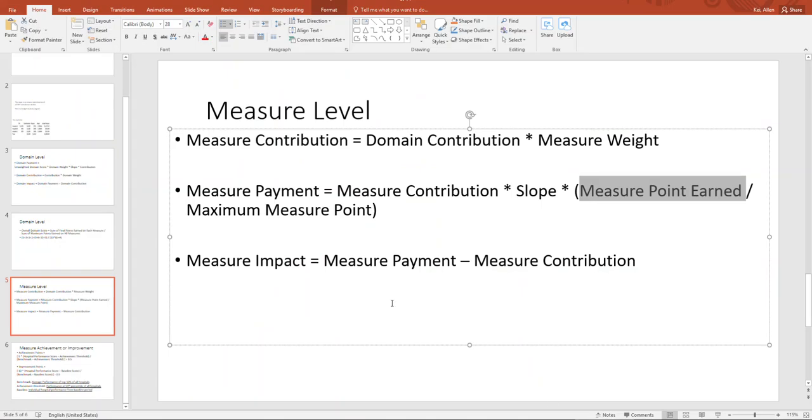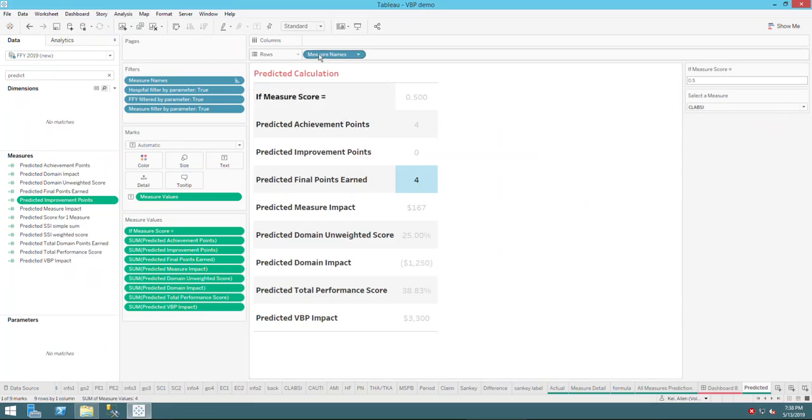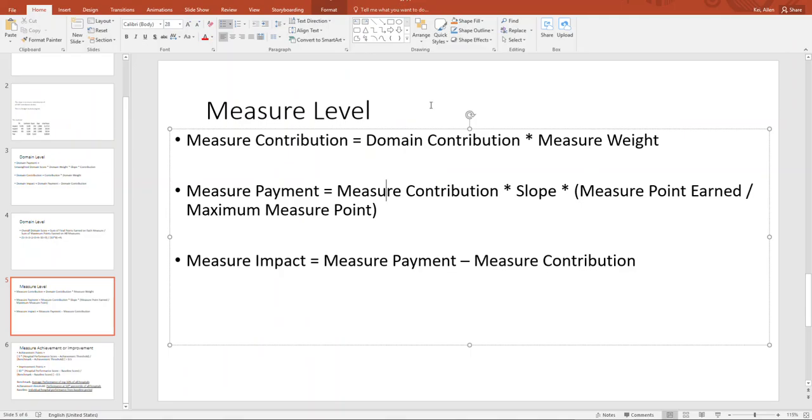Then your measure payment is just 4 divided by 10, so that is 40% of the measure contribution. Let's say for CLABSI here, you only get 40%.